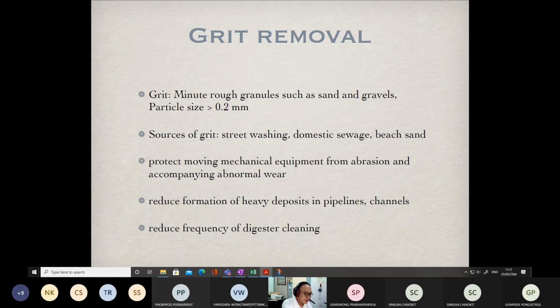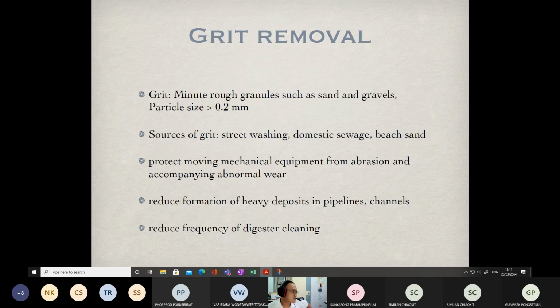So what is grit? Grit essentially refers to minute granules like sand or gravel. Mostly, we use this unit operation to remove all the particles which have a size larger than 0.2 millimeters, but they are basically sand particles or gravel. Grit mostly comes along with wastewater.